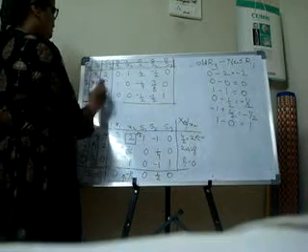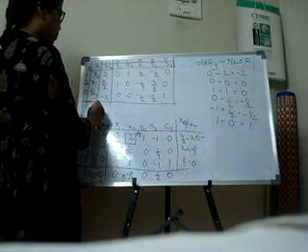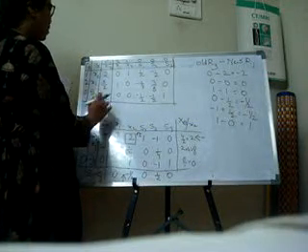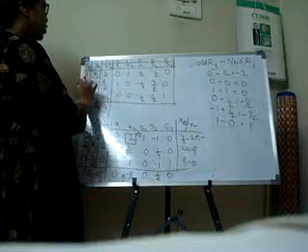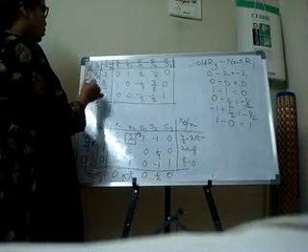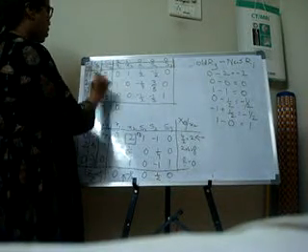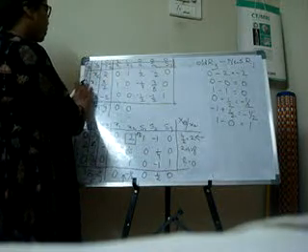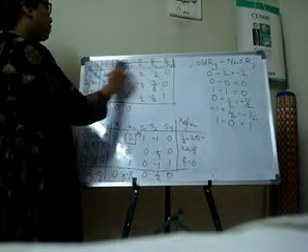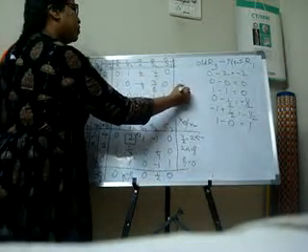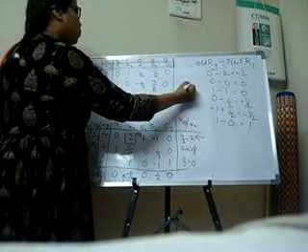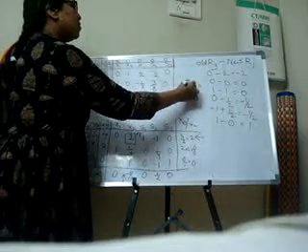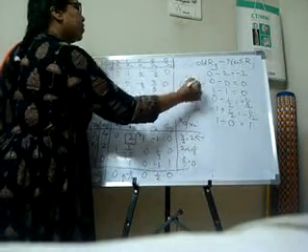Now Zj minus Cj. 0, 2, 0. 2 minus 2 is 0. And here 1 minus 1 is 0. Here minus half plus half, half minus 2 by 8 minus 0. This is Zj and this is the Cj.